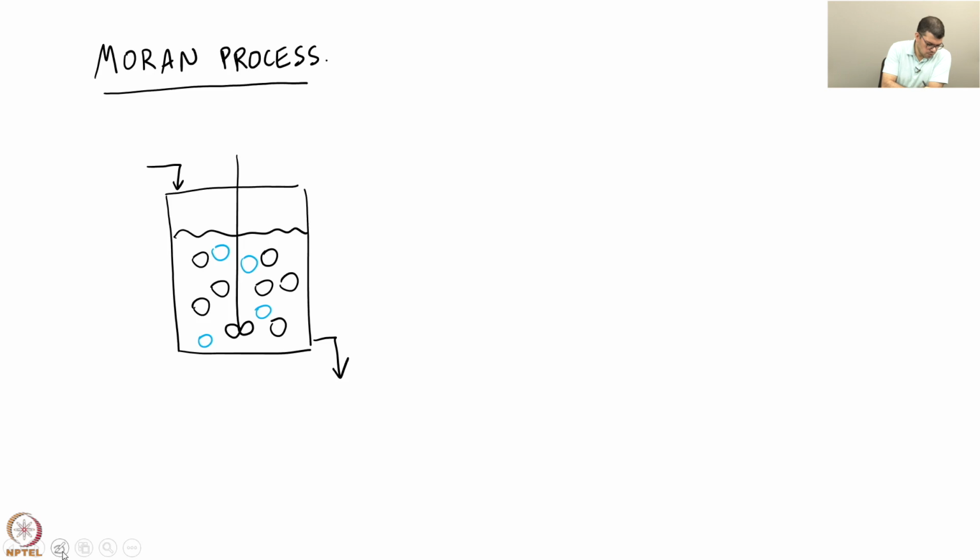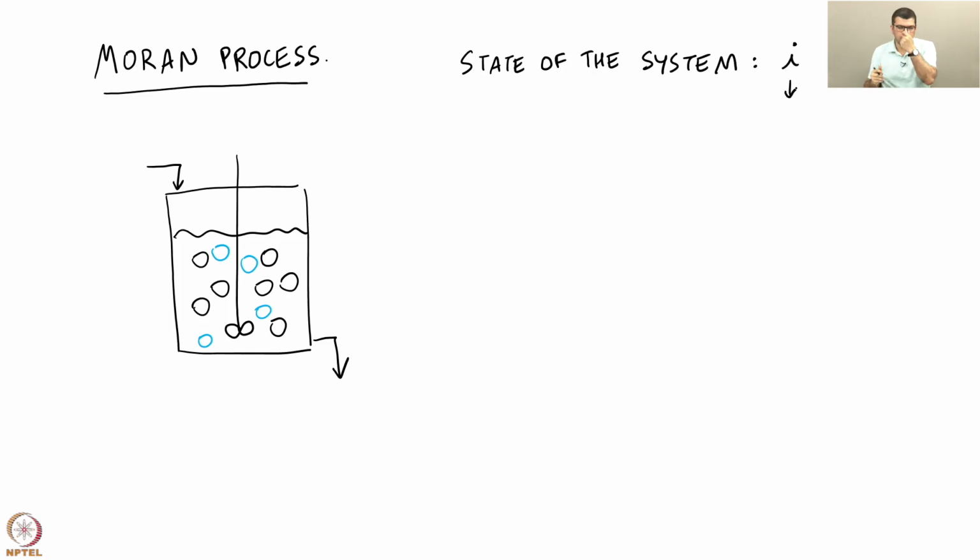So, we define the state of the system by a single variable, let us call it I, and I represents the number of blue type individuals in the population.